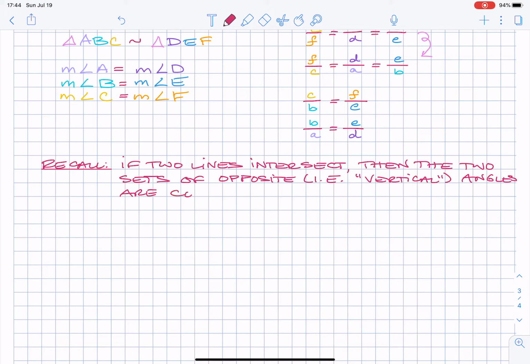And congruent means that they have the same measure. Okay, so let me draw a picture.